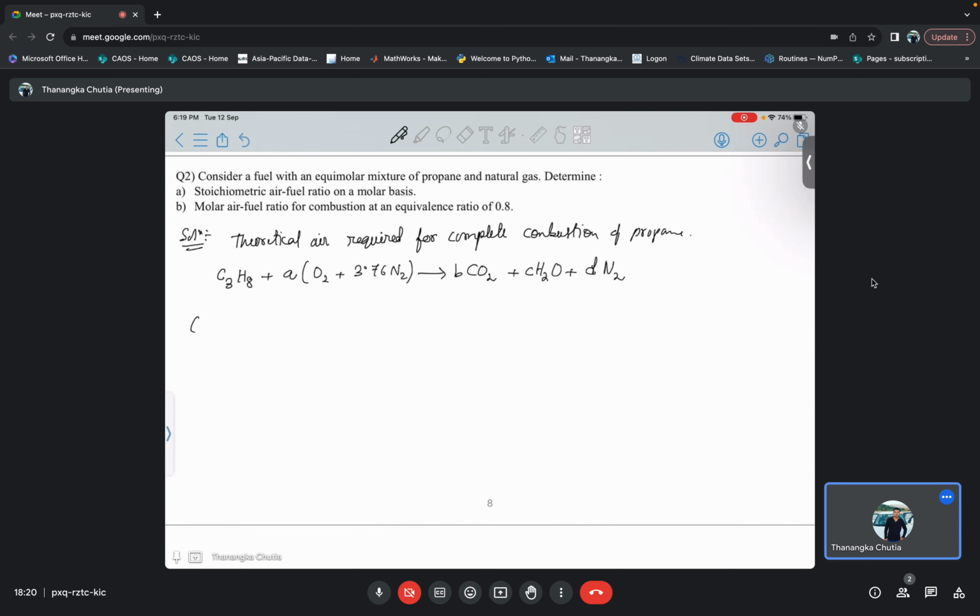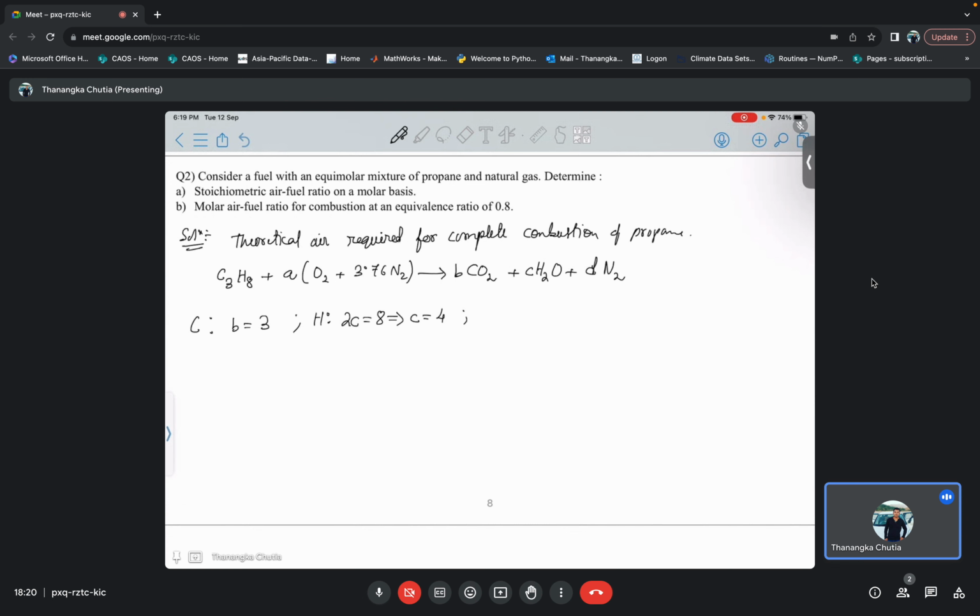Okay, so now performing the balance, C will be equal to what? Carbon balance, if you do, then B will be equal to 3. If you balance hydrogen, you will get 2C is equal to 8, so this implies C is equal to 4.